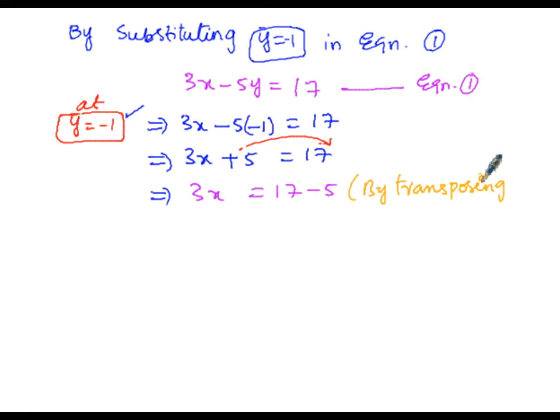That is plus 5, the left hand side term, LHS term over to RHS. Then the next logical step: 3x, to simplify, we have to subtract 12.